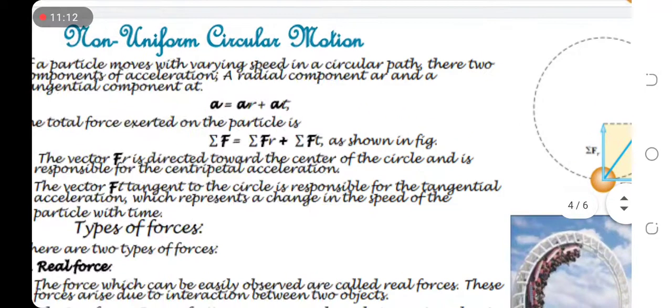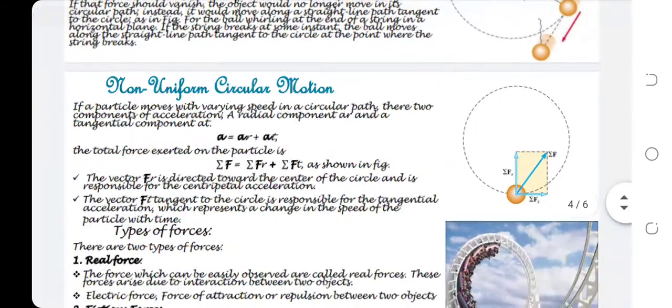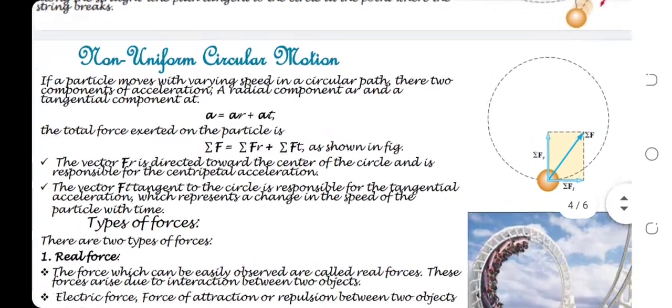But non-uniform circular motion means when a body moves with varying speed or varying direction of velocity, then we say the motion is non-uniform circular motion.